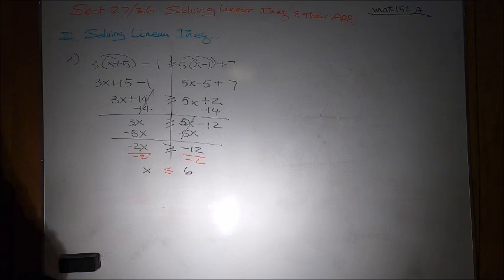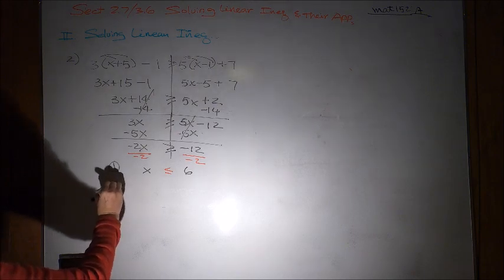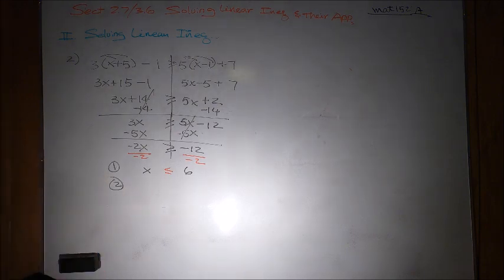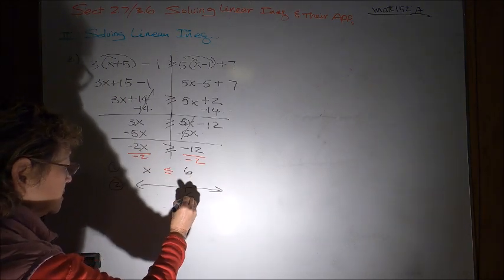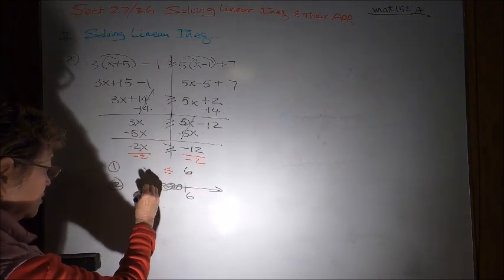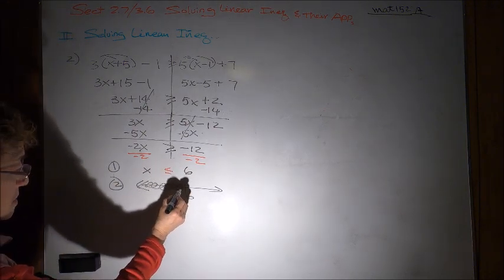That's the first answer. And we would describe the answers a different way, right? Usually. So we need to describe them by what? Graphing. So that's a 6. Then we go less than, we go left. It includes 6.